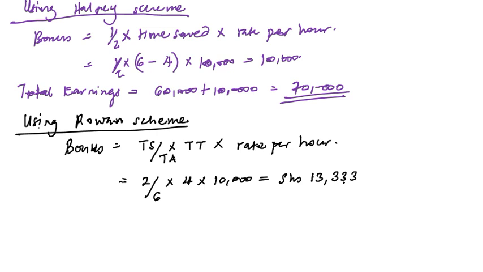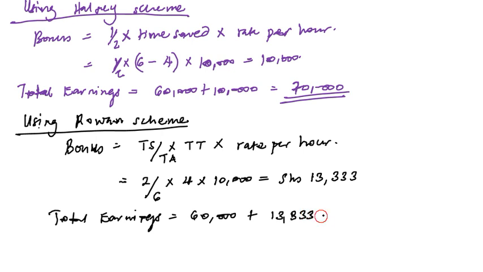So you can get your total earnings. Total earnings will equal the basic pay, that is 60,000 for the 6 hours, plus the bonus of 13,333, and that gives you 73,333.